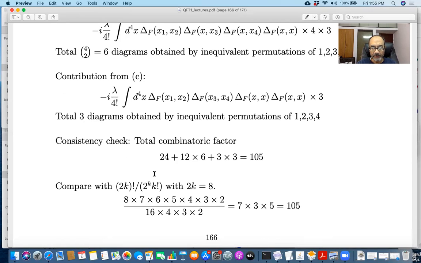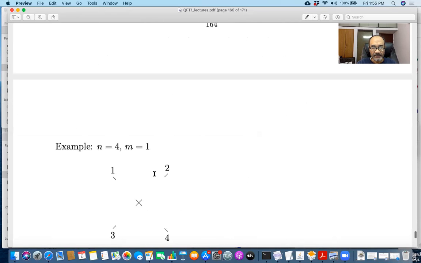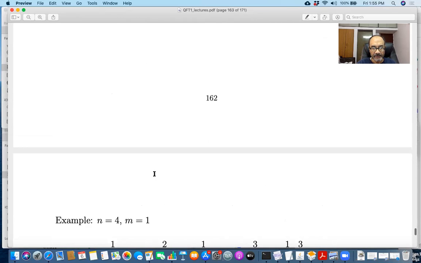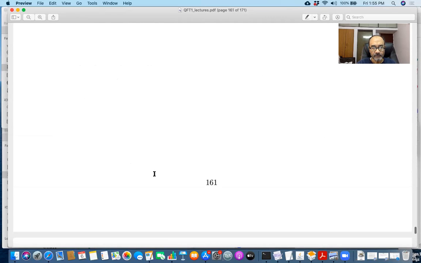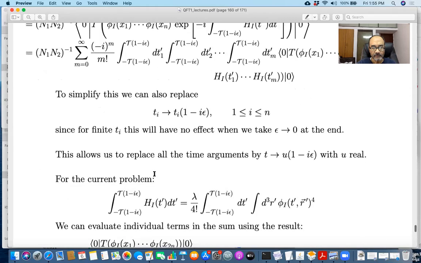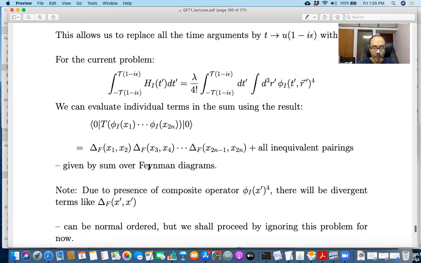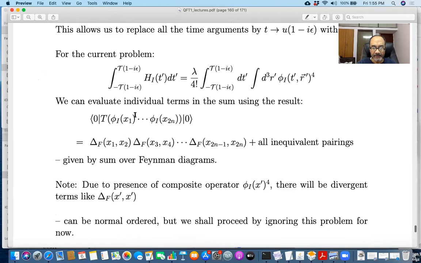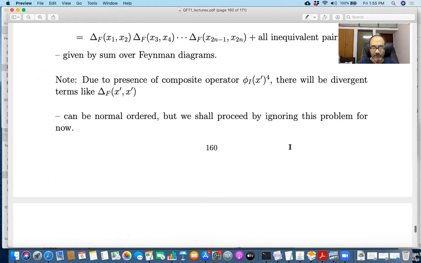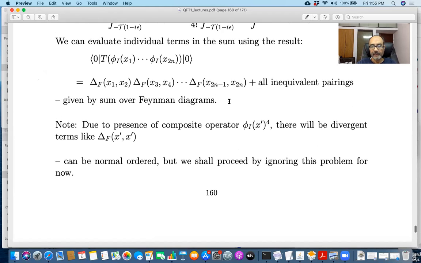This formula you remember? Let me go back here. Yeah, so here n is k. This formula is the number of terms that we have here. We counted how many terms we will have in this sum. And if 2n is 8, then that number is 7 times 5 times 3, which is also 8 factorial over 2 to the 4 times 4 factorial.